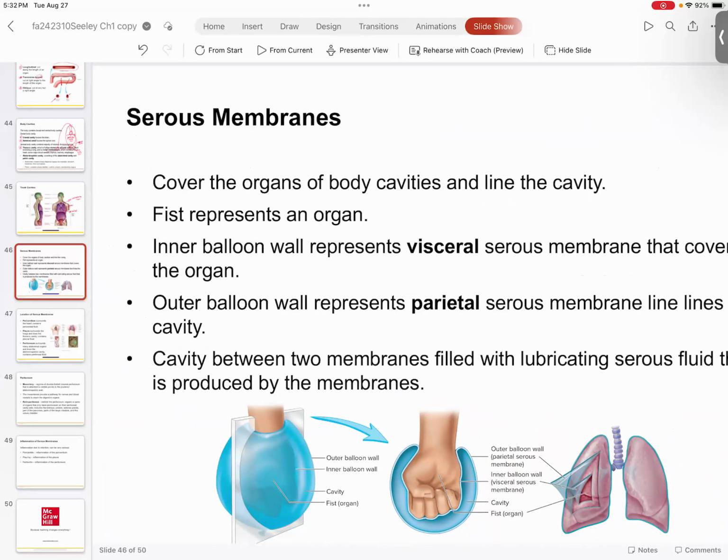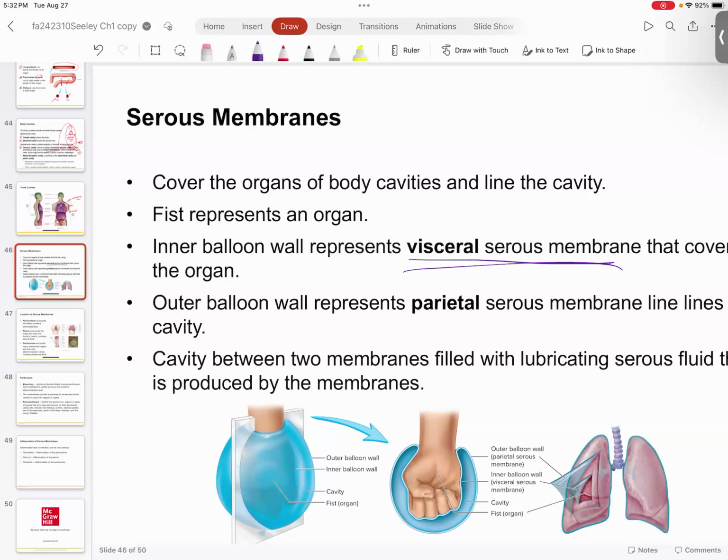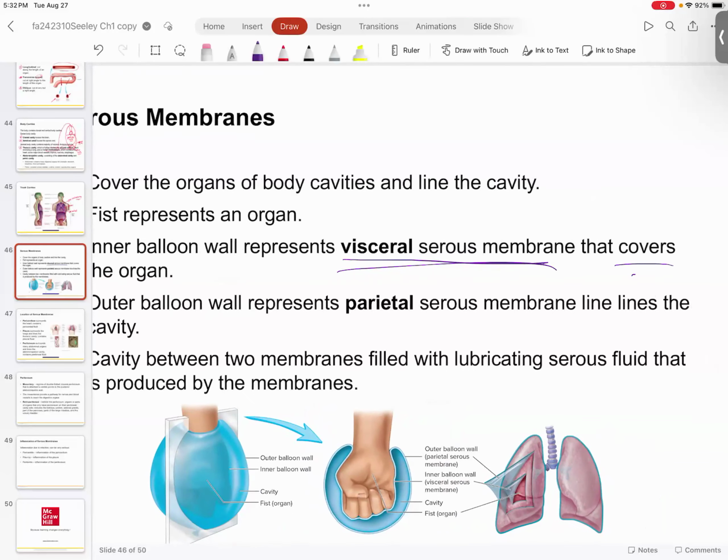The serous membranes are the important ones, especially for the organ systems, because these are the liners of not just the organs themselves, but also the cavities. When you take a look at serous membranes, there's a similar, repetitive system that you see throughout the body. The first one, called the visceral serous membrane, is the one that covers the organ.